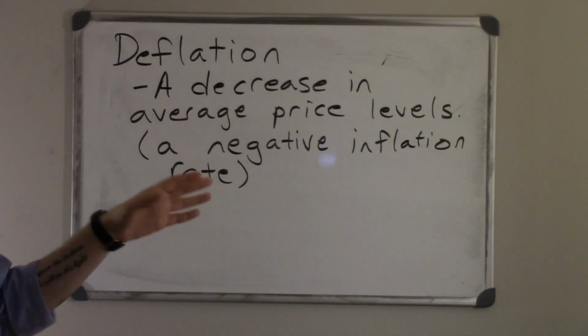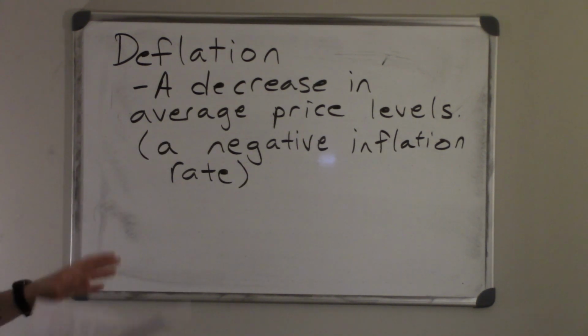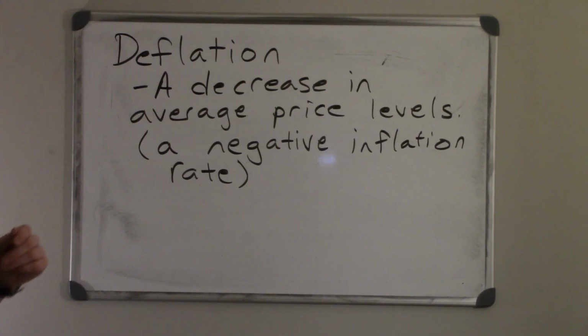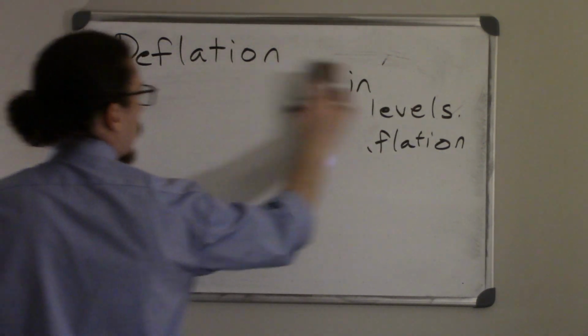All right, so if we have deflation, that means in general prices are going down. And if we were to calculate an inflation rate, it would be negative because the price level would be higher in the earlier time period.